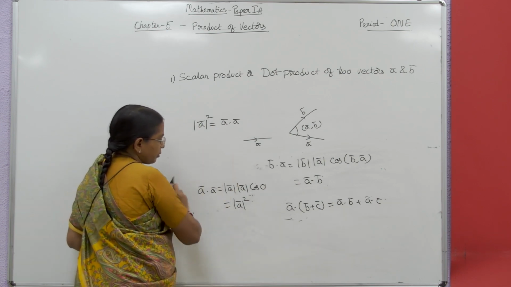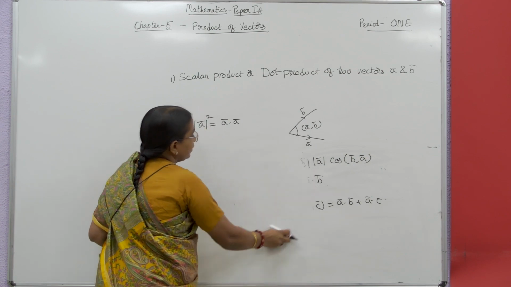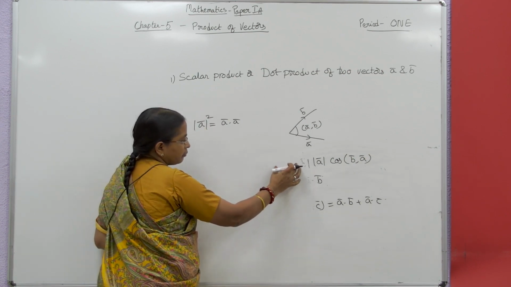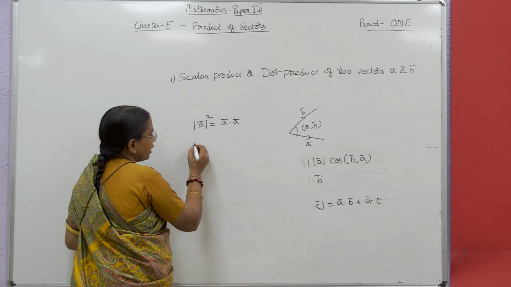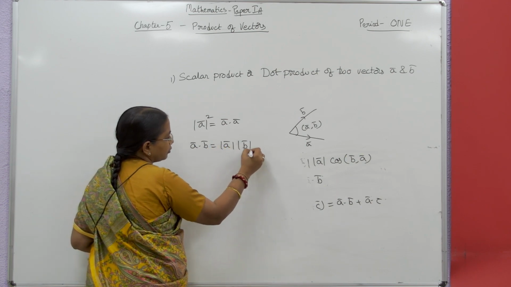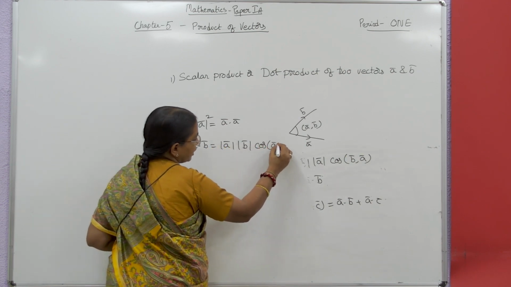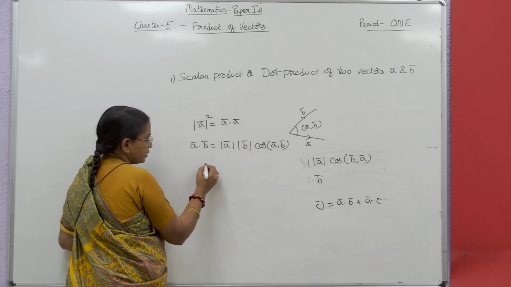So these are some of the properties. Some more are there. First I'll explain and then give you the summary. So this is about the commutative property, the distributive property, and then mod A square. And then you have A dot B as mod A into mod B into cos of the angle between A and B. So the angle between A and B, you bring this to this side.